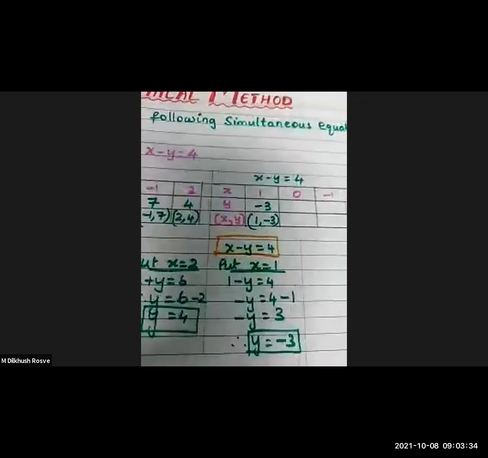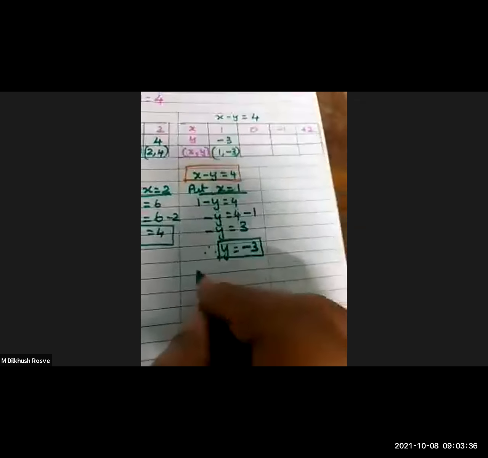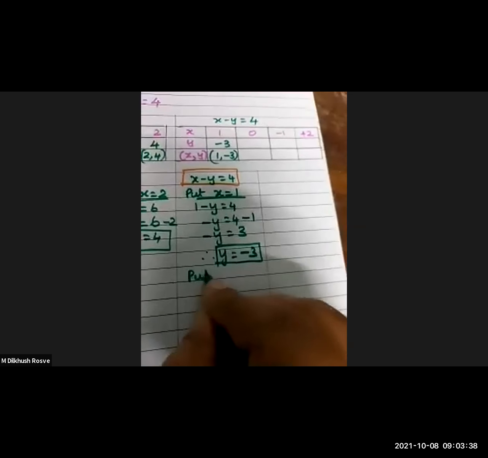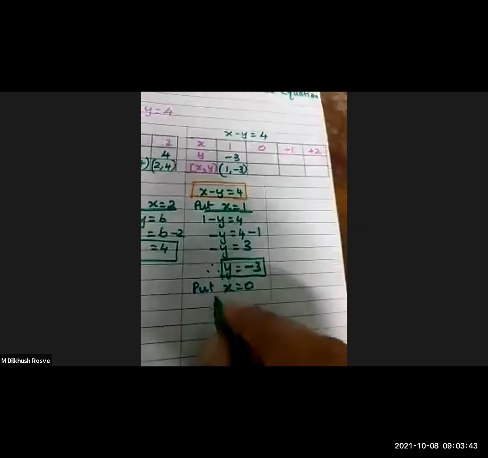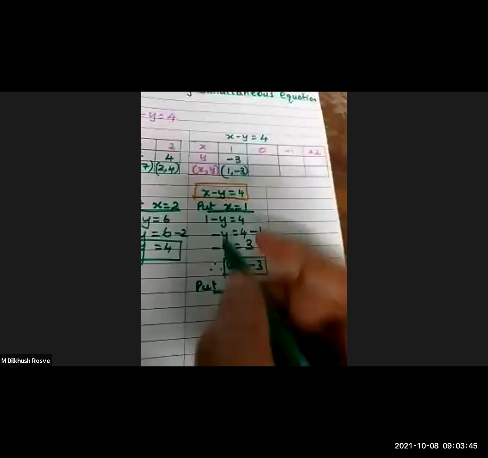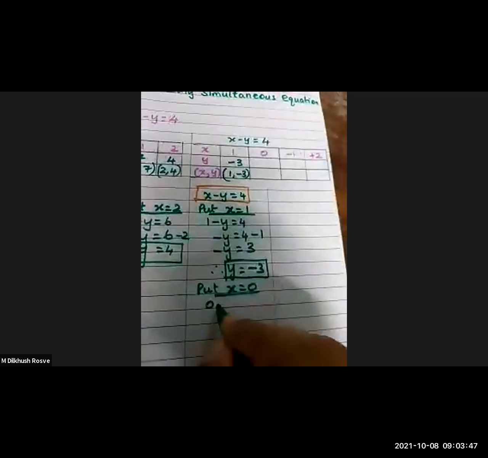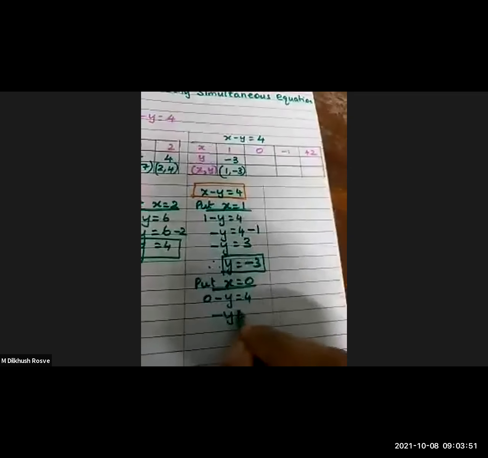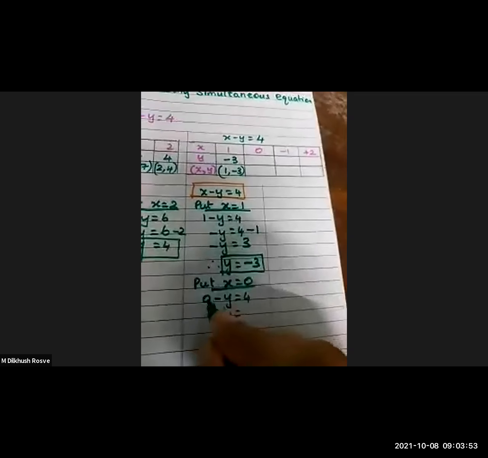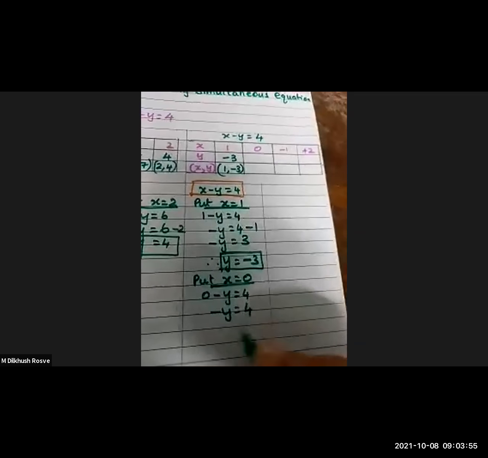Okay, students. Now the next one. Put x equal to 0. Substitute here. 0 minus y equal to 4. 0 minus y only, you will get 4.